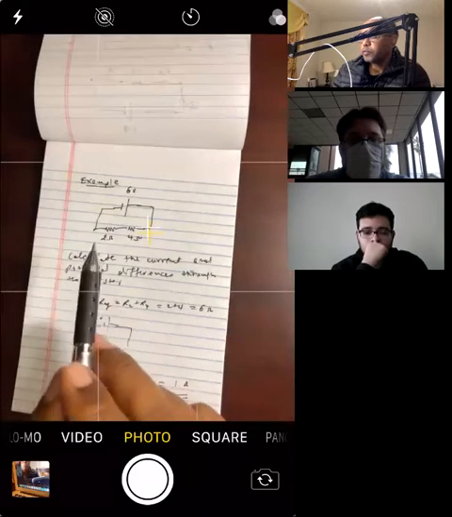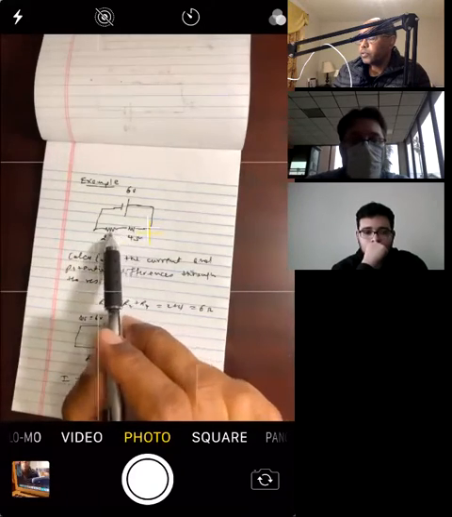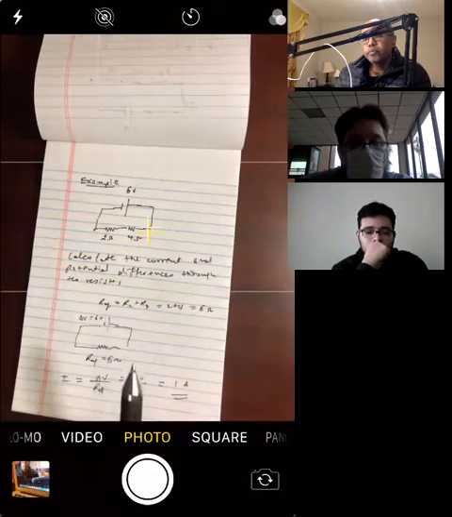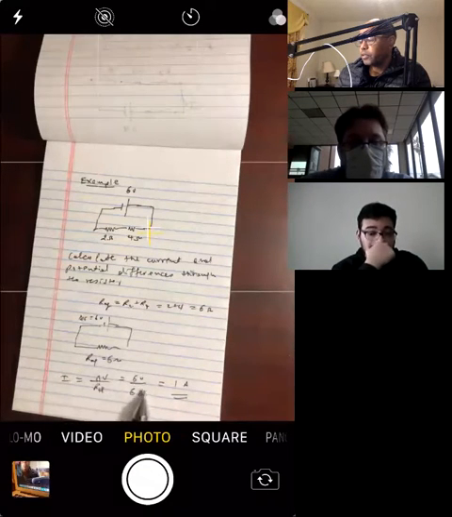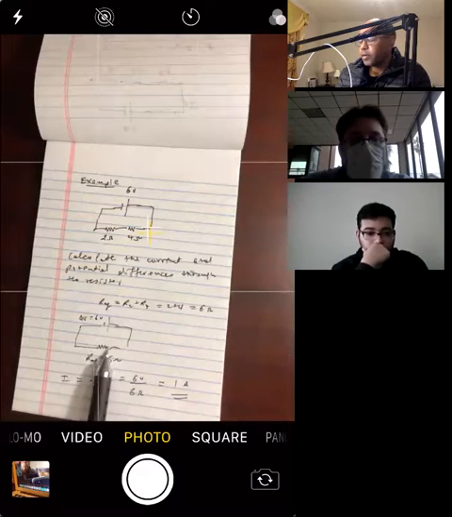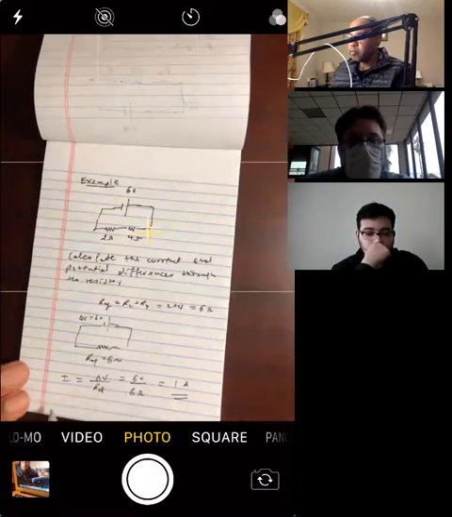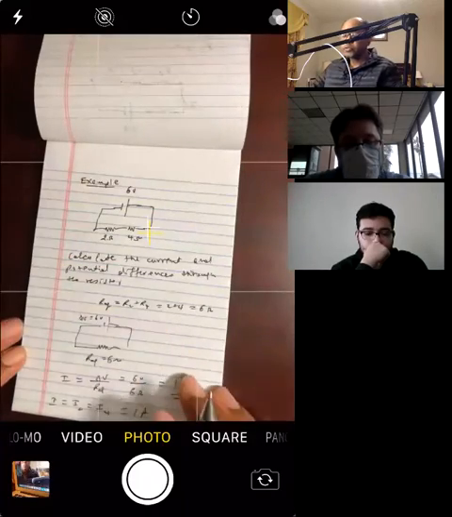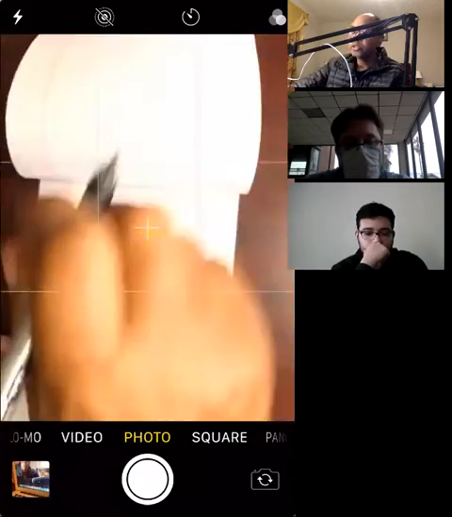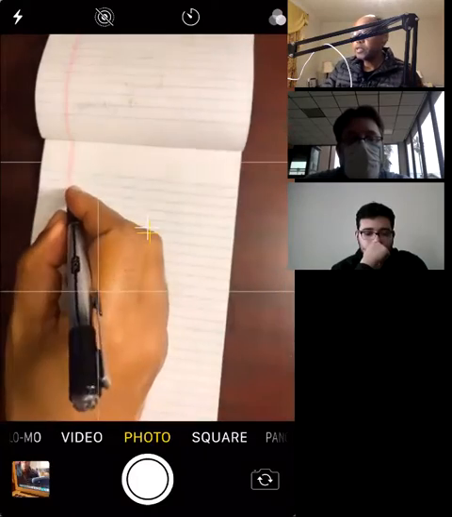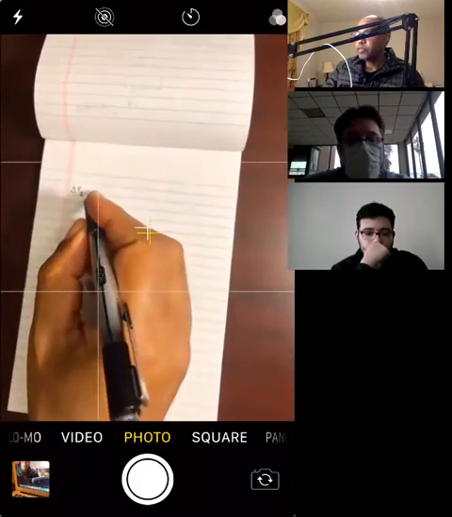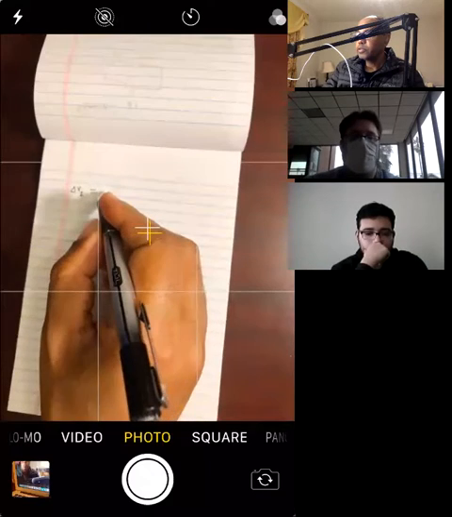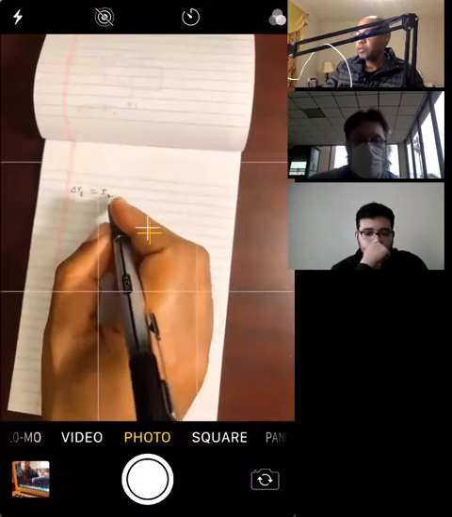Now we go back. Can you tell me what the current across these two resistors is? You see they're connected in series. It's the same current. All right. So this is I, but I equals I2 equals I4 equals 1 amp. Okay. So now that we know the current passing through these resistors, we calculate the potential differences. So delta V2, the potential difference across the 2 ohm resistor, is I2 times R2.